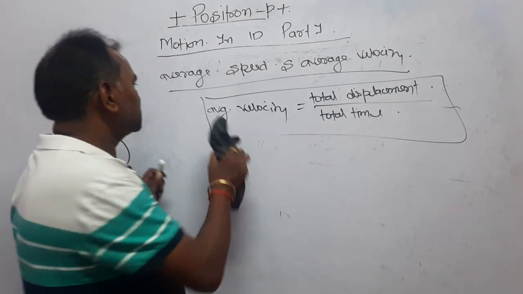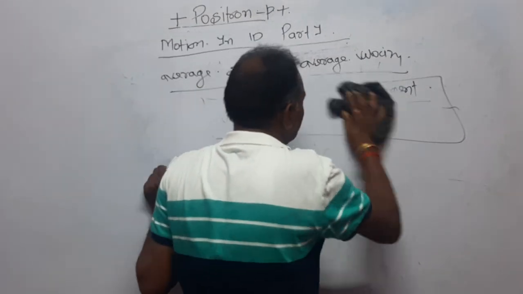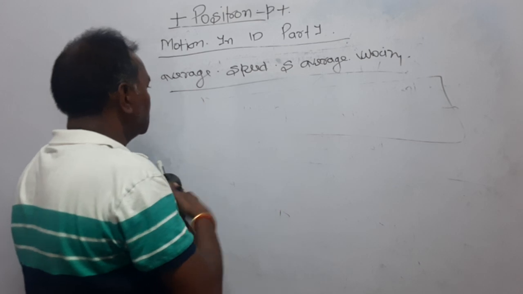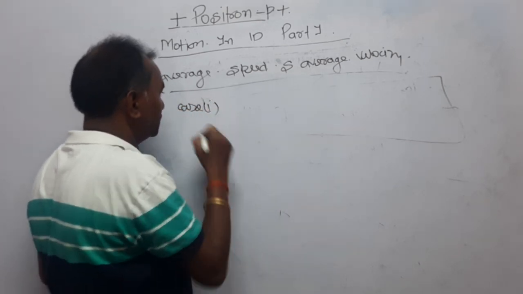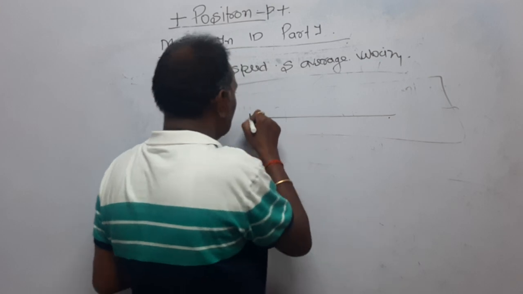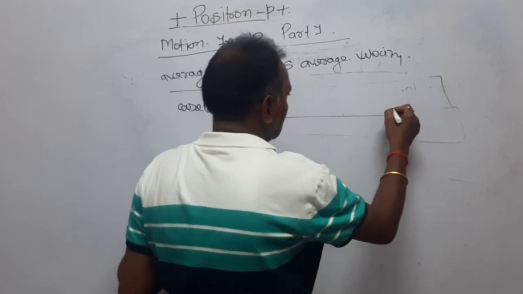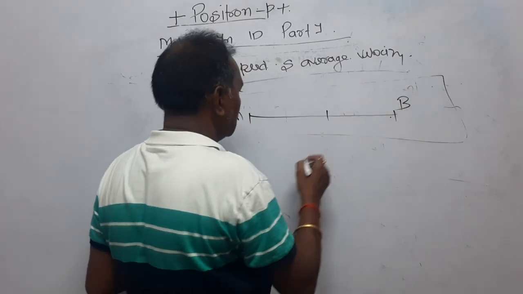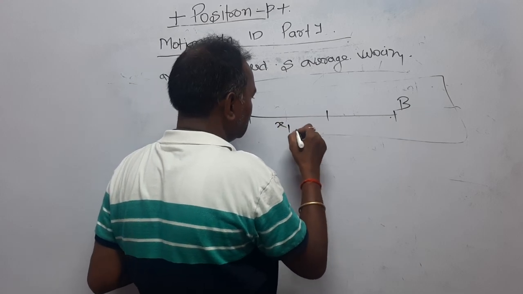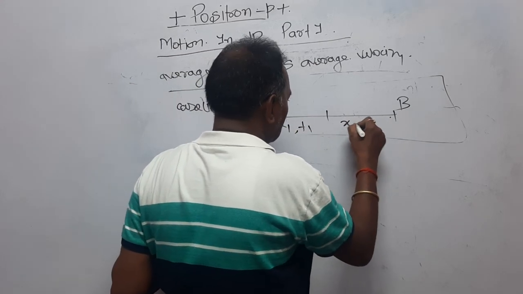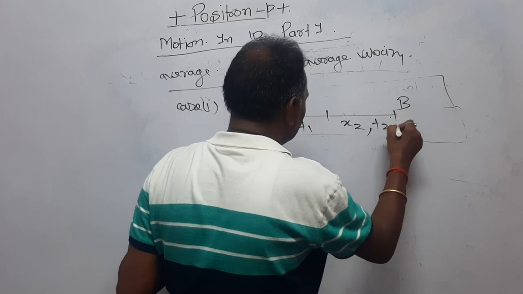Dear students, there are three cases. The case first I'm considering, case first. Let a body move from A to B. First x1 distance in t1 time and last x2 distance in t2 time.